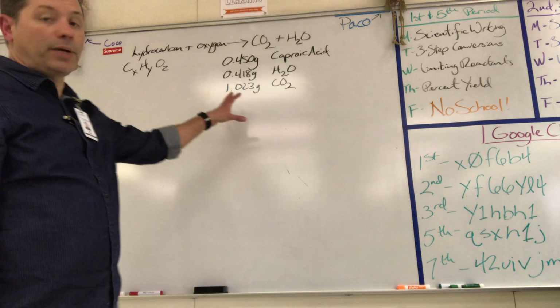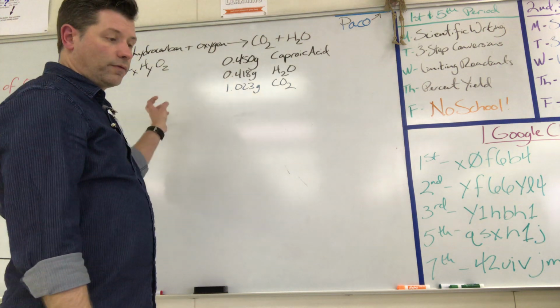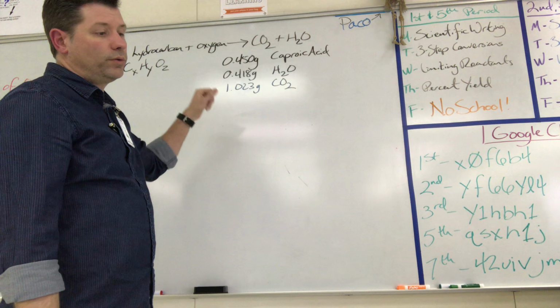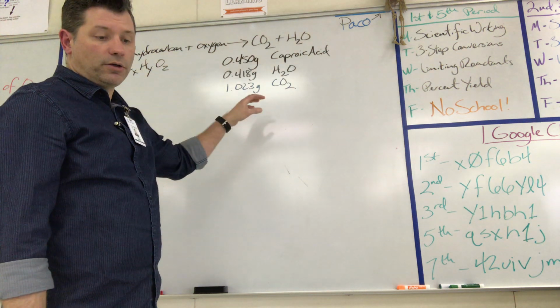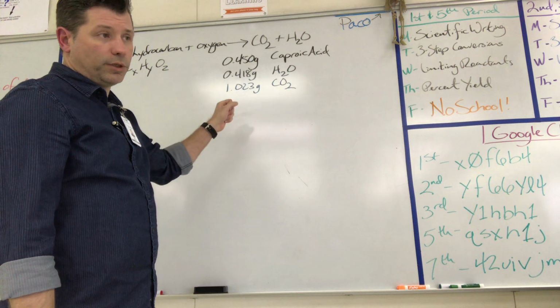Now we're going to take that information and convert from grams to moles, and moles back to grams, and figure out the empirical formula, and then we're going to figure out the molecular formula.